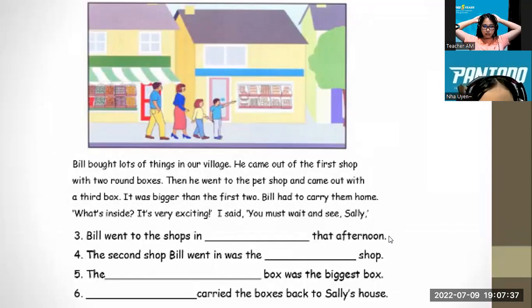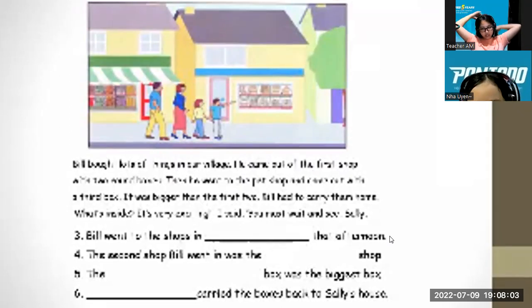Then he went to the pet shop and came out with a third box. It was bigger than the first two. We had to carry them home. What's inside? It's very exciting. I said, you must wait and see, Sally.